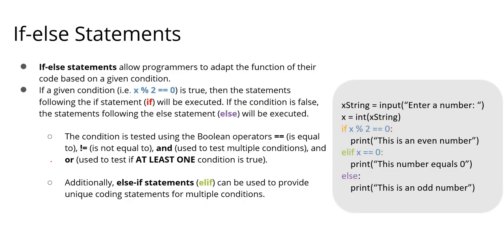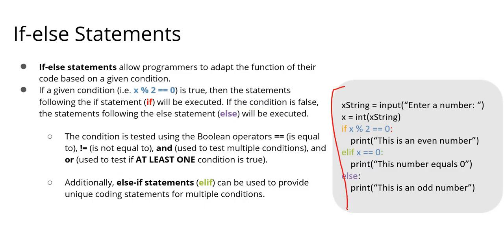In Python programming, the if-else statement allows programmers to adapt the function of their code based on given conditions. If the condition is true, the statement following the if statement will be executed. If the condition is false, the statement following the else statement will be executed. These are the statements of if-else, just like in C programming.